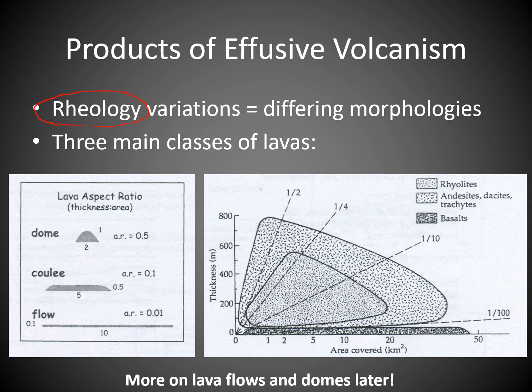When you have things that have a real high yield strength, remember, high yield strength leads to lava flows that are really thick. It can support all the weight of the overlying material. Then you get things like domes and coulees. If your yield strength is really low, you tend to get thin flows that have aspect ratios, thickness to area, that are extremely small.